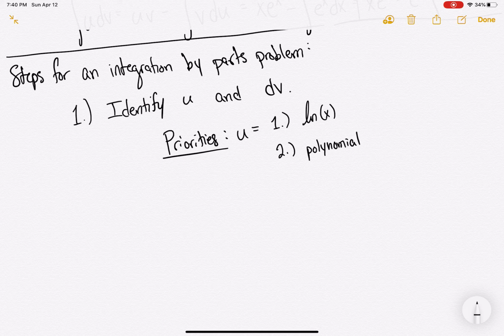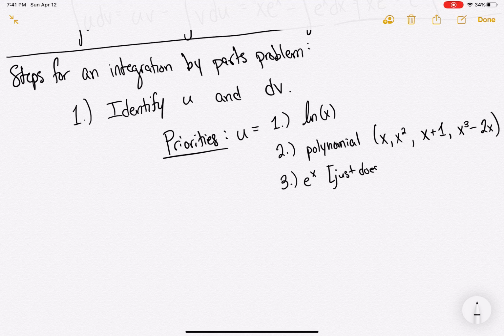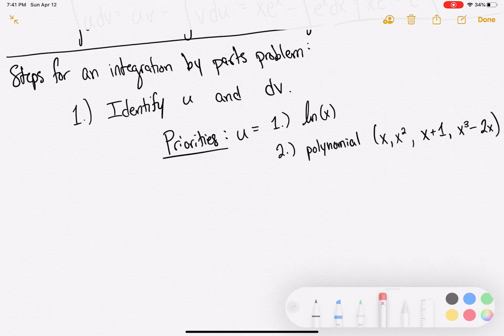And for those of you who forget what that means, this means like x squared, x plus 1, x cubed minus 2x, etc. And then the third case is that it would be e to the x, but this just doesn't happen. Like ever. So just don't forget about that. You have two choices.